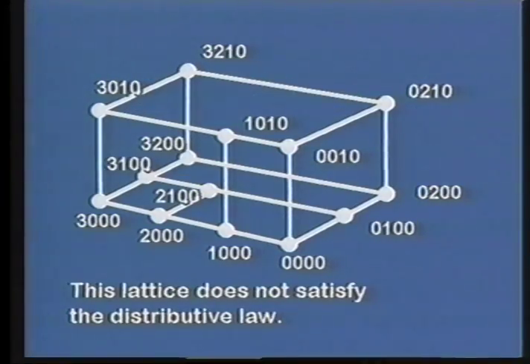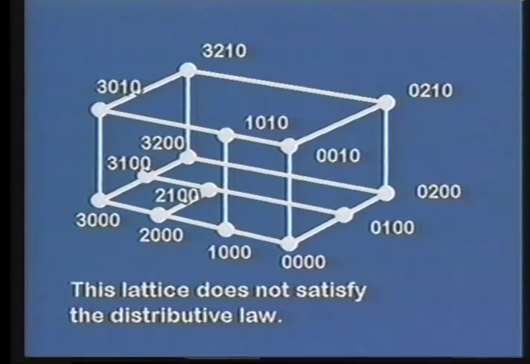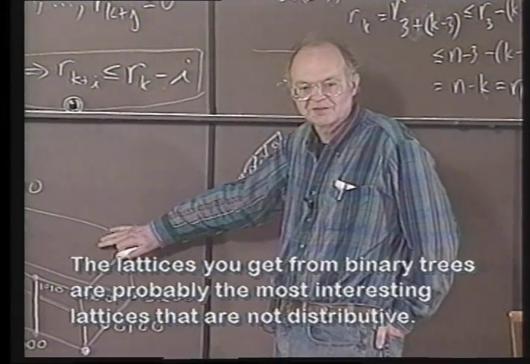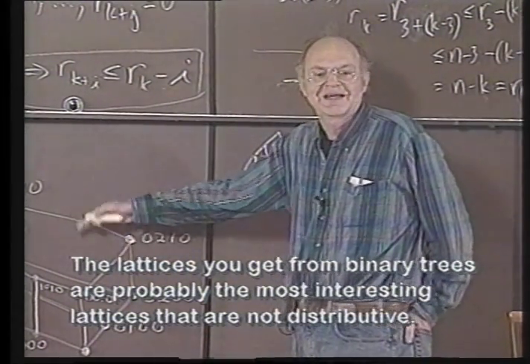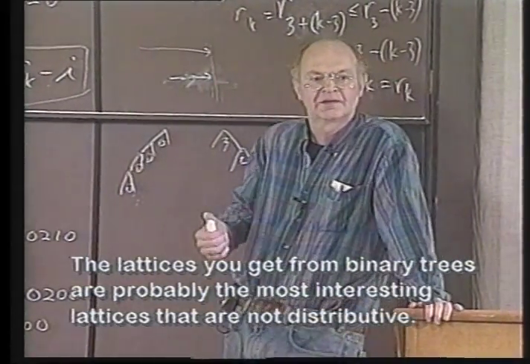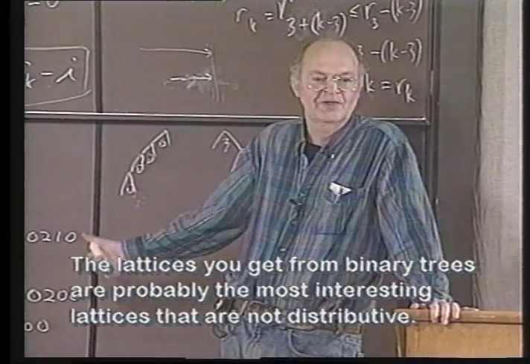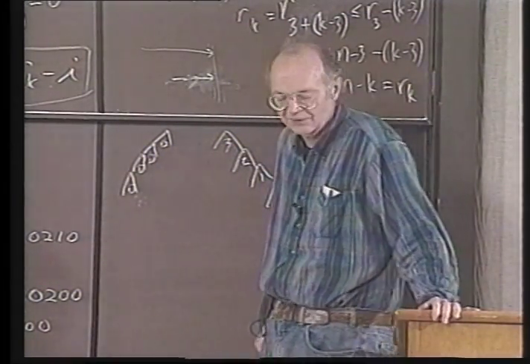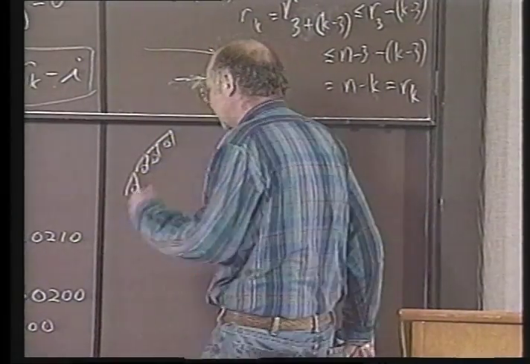This lattice does not satisfy the distributive law between least upper bound and greatest lower bound. In fact, I think that the lattices you get from binary trees are probably the most interesting lattices that are not distributive. For textbook examples, this would be the best of all the lattices that are not distributive. This one has the most neat property.